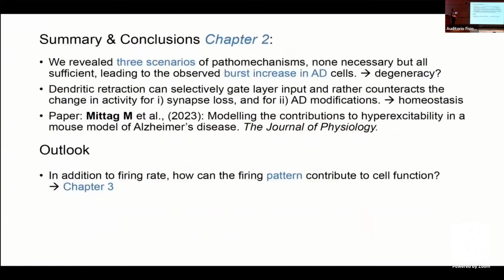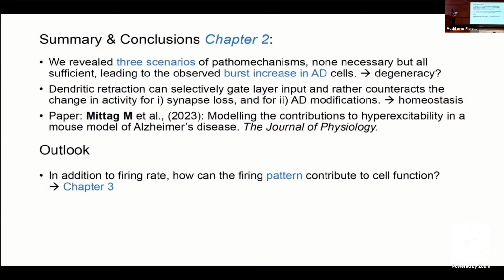Yes. And with that, I can already conclude chapter 2. So we showed 3 scenarios of pathomechanisms where none is necessary, but all are sufficient to lead to the increase in firing, especially in bursts, in the Alzheimer's cell. And this is some sort of degeneracy.